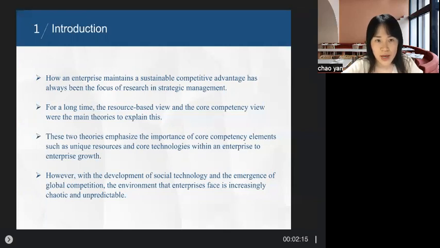These two theories emphasize the importance of core competency elements such as unique resources and core technologies with an enterprise-to-enterprise growth. However, with the development of social technology and the emergence of global competition, the environment that enterprises face is increasingly chaotic and unpredictable.